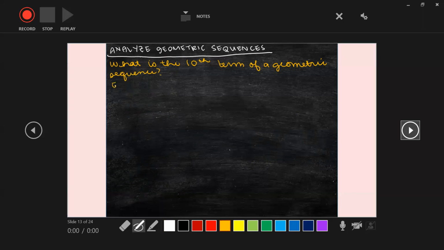The example that we are given is 4, 12, 36, and so on. The first thing that we need to ask ourselves is, are we going to use an explicit or a recursive formula?